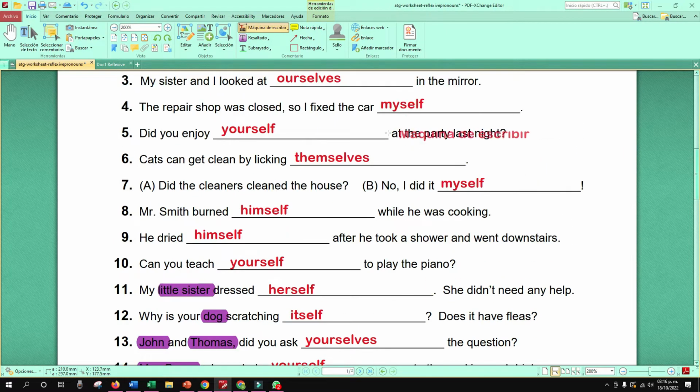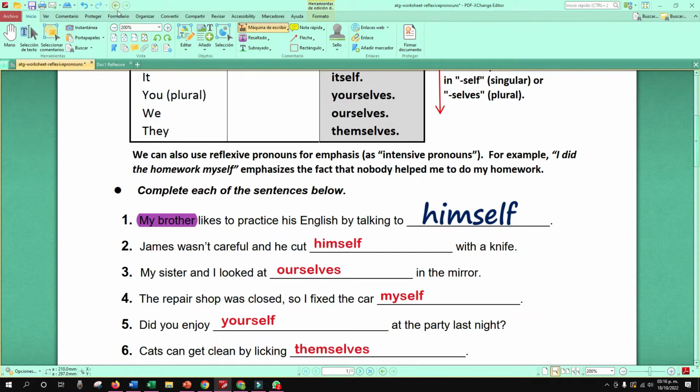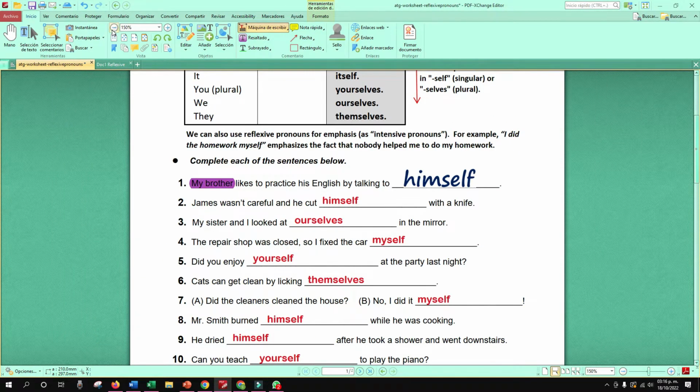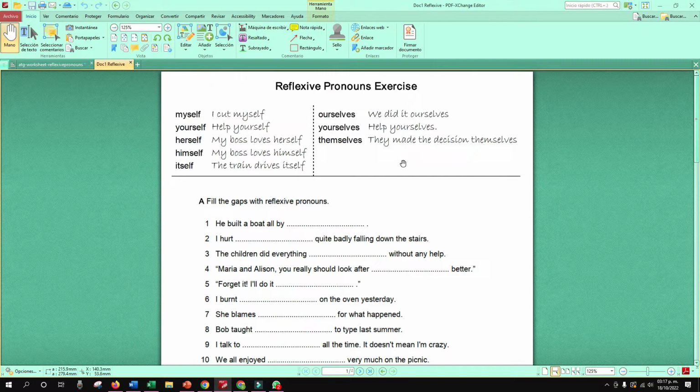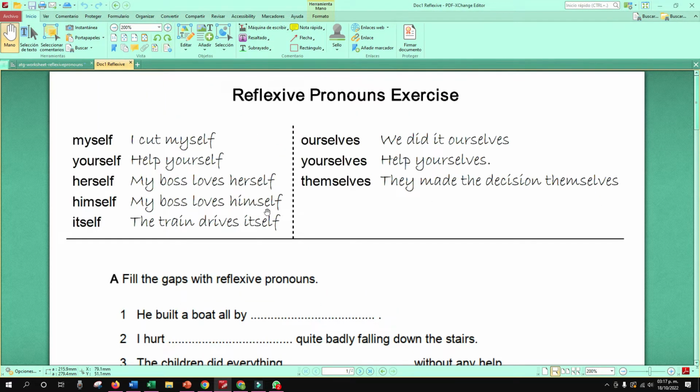Excellent. So this is a very easy exercise about reflexive pronouns, right? So let's try to do another one. There you have some examples. I cut myself, yourself, help yourself, herself, my boss loves herself, himself, my boss loves himself, itself, the train drives itself, right?